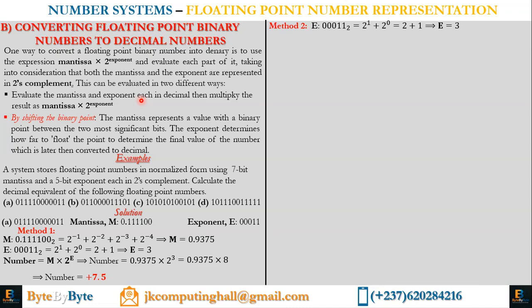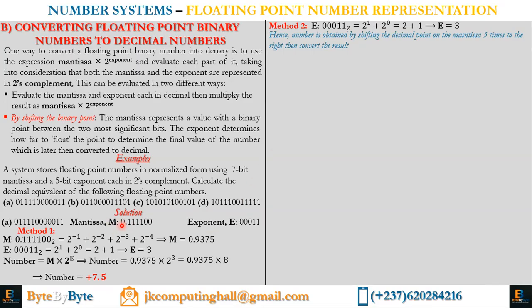But this is the contrary now. Having a positive exponent means I will be shifting towards the right, and having a negative exponent implies I'm going to shift towards the left. So the number is obtained by shifting the binary point on the mantissa 3 times to the right, because the exponent is positive.